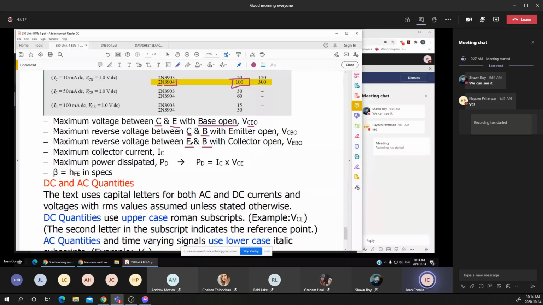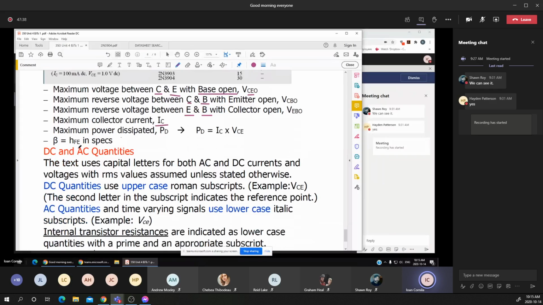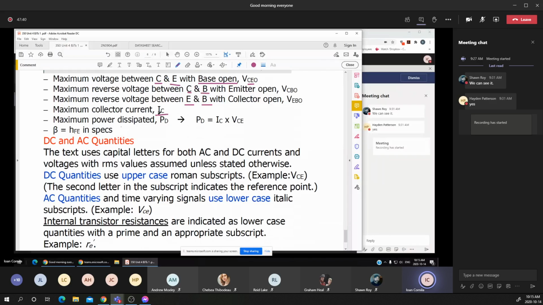That's the reverse bias between the base and the emitter. That's why it's given as VEB, not BE, with the collector open. Collector current is what we are looking at to make sure that in our calculations we are designing the circuit with an IC at the Q point less than the maximum collector current.